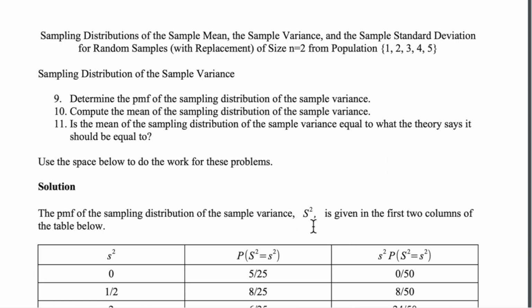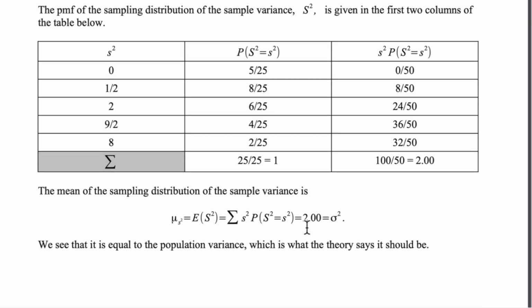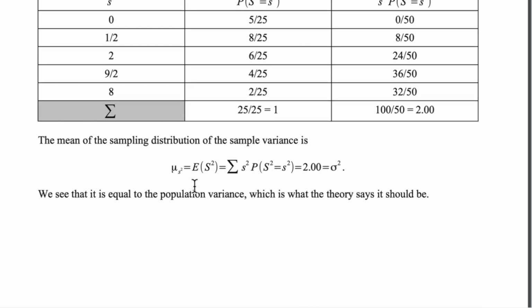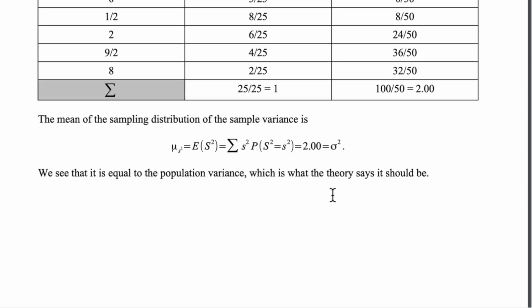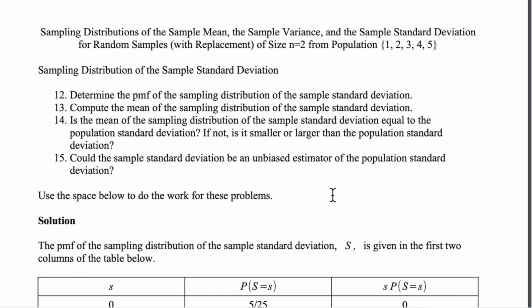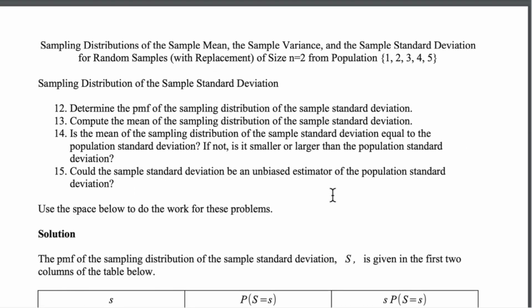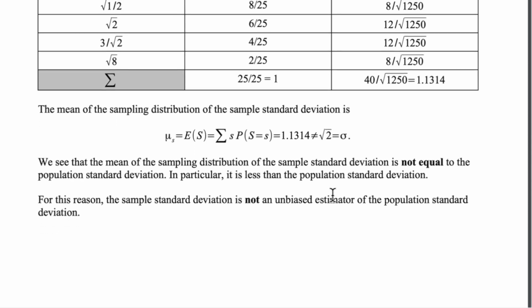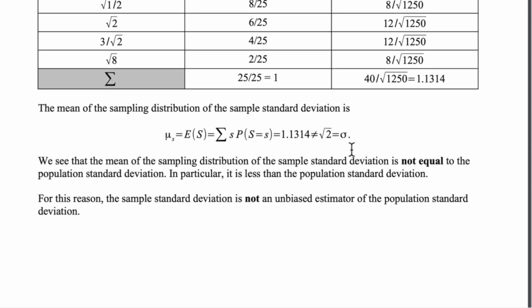Likewise, the sample variance, the version with n-1 in the denominator, is also an unbiased estimator of sigma squared, again because the mean of its sampling distribution is equal to sigma squared. However, the sample standard deviation does not have this feature. It's not an unbiased estimator of the population standard deviation. So that's just the reality of it.